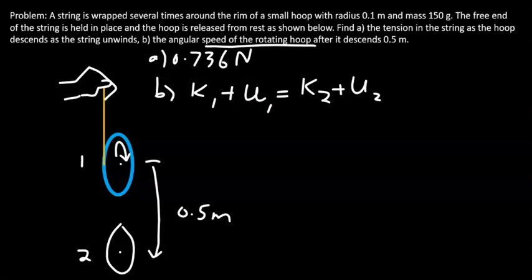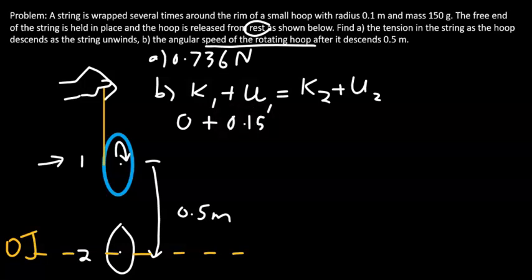Now we have the freedom of choosing the gravitational potential energy to be 0 at some point. So I'm going to choose that level to be the 0 joule level for the gravitational potential energy. Since the hoop is released from rest, K1 is 0, namely the kinetic energy there is 0. The gravitational potential energy at point 1 is given by the mass, which is 0.15, times gravity times this height, because we have chosen that level to be the 0 joule level.